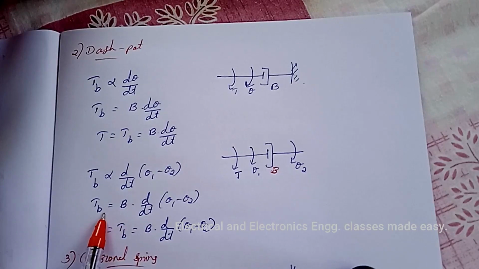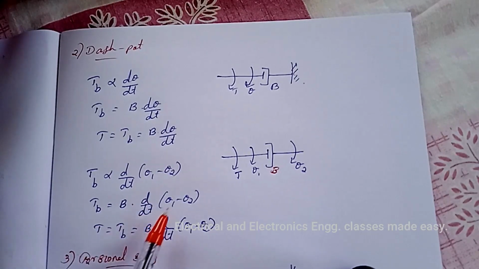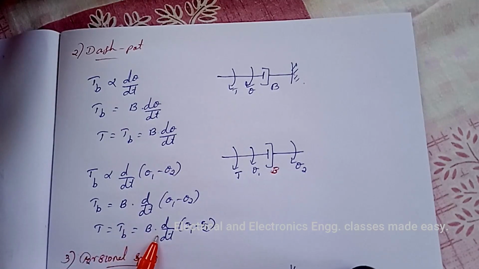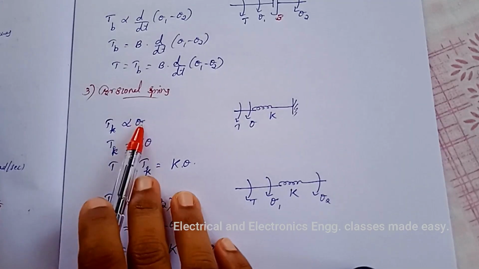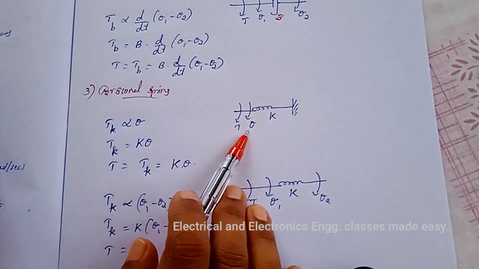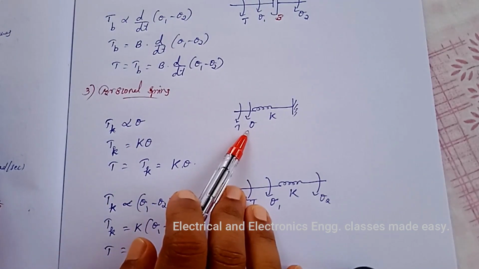And we can write Tb is equal to B into d by dt of theta 1 minus theta 2, and by Newton's second law T is equal to Tb is equal to B into d by dt of theta 1 minus theta 2.